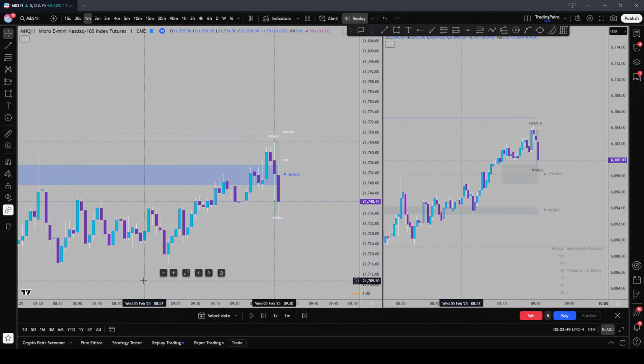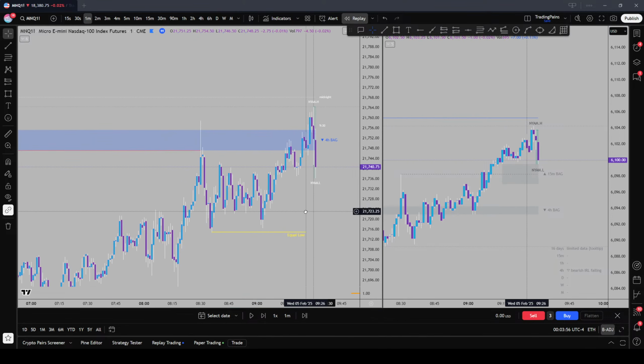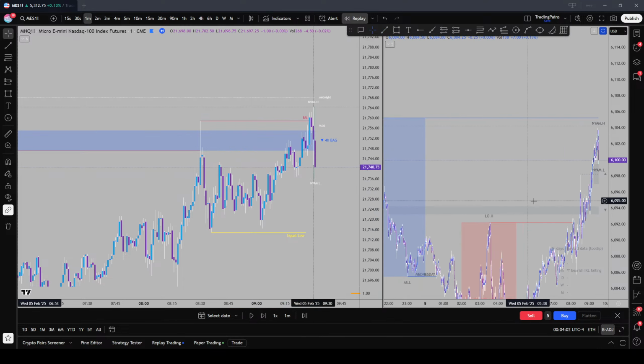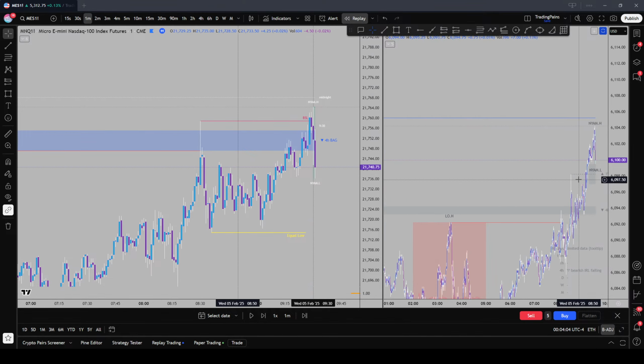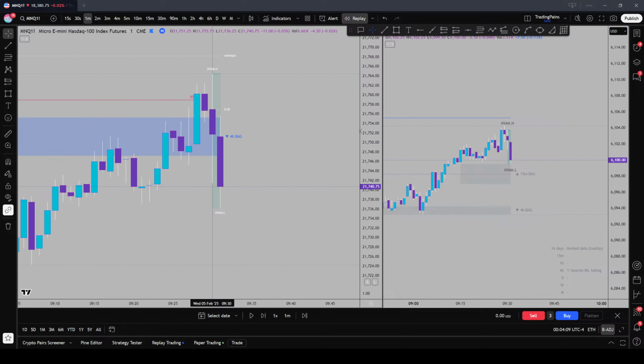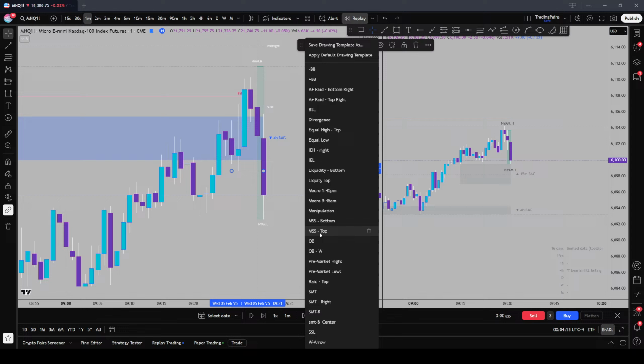Yeah, I want to point out that we have equal lows right here. Pretty close equal lows. And then it took out this buy side liquidity. This one. Way up there. I don't know how much I trust this. 15-minute gap. We made a market structure shift right here.